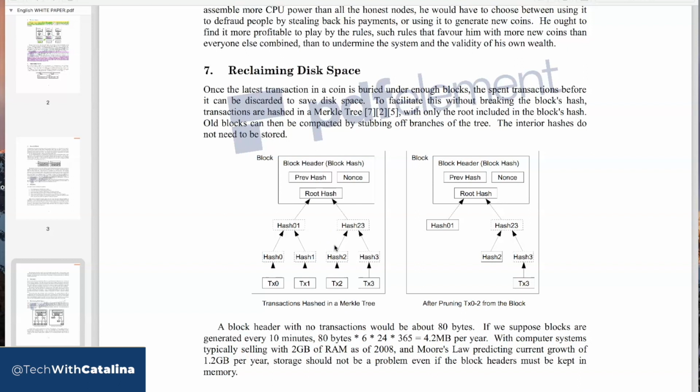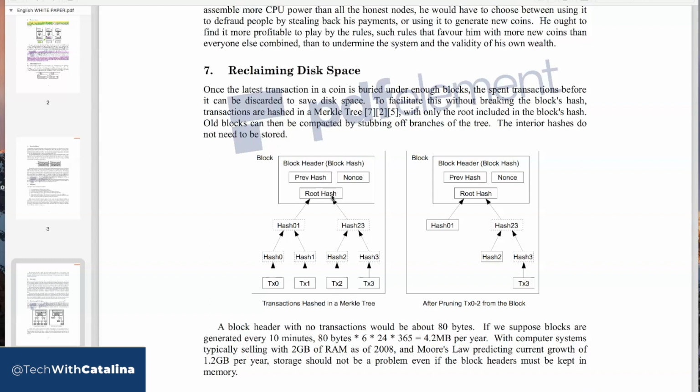So a block is structured in the following way. This is a macro perspective of how a block can be structured, but I want you to understand that a block has a block header and then the rest of the block, okay? In the block header, we have many different things. We have the nonce, the hash of the previous block, and we also have the Merkle root.